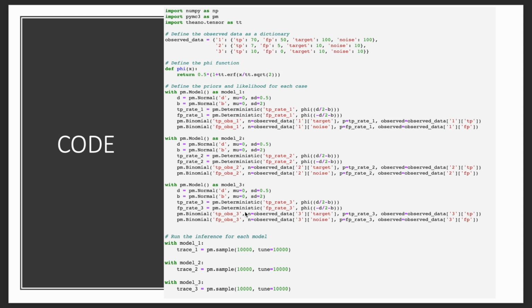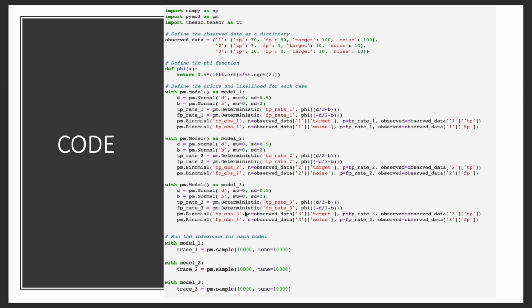So three PyMC3 models, model 1, model 2 and model 3, have been defined here, each with their own priors and likelihood for the observed data. The priors are specified as normal distributions for the latent variables discriminability and bias, with mean 0 and standard deviation 0.5 and 2 respectively.